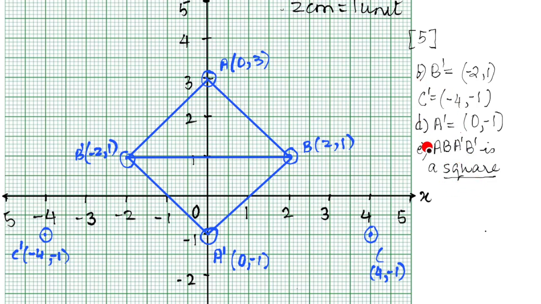Now 1, 2, 3 things they asked you to write, so that is going to give you 3 marks here, and for plotting these things they are going to give you 2 marks. Sometimes the marking scheme depends upon the examiner. They may give you 3 marks here to write and plot the points the way it is, maybe half mark each or something like that. But they may give you half mark, they may not give you half mark.